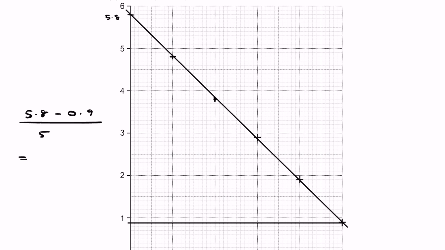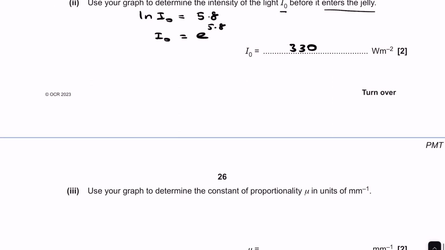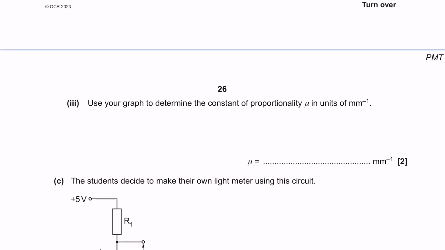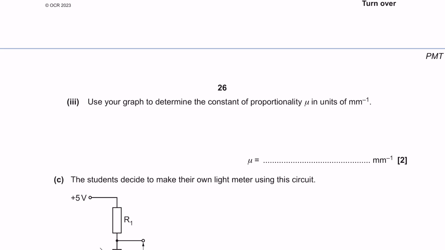It'll be a negative, so that gives me minus 0.98. So that will be the value of the gradient, so we know that mu will be 0.98 per millimeter.